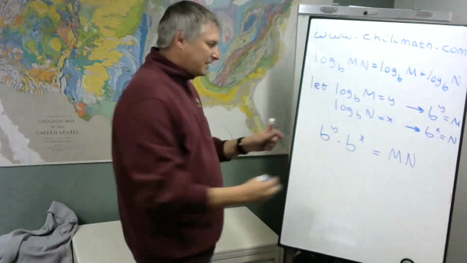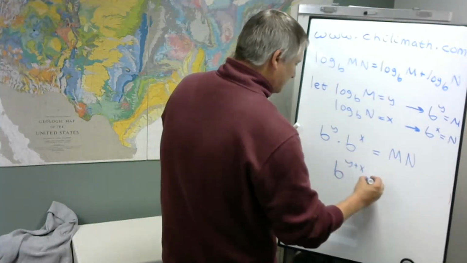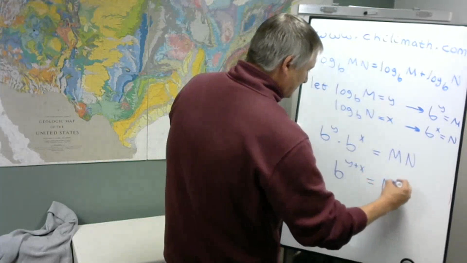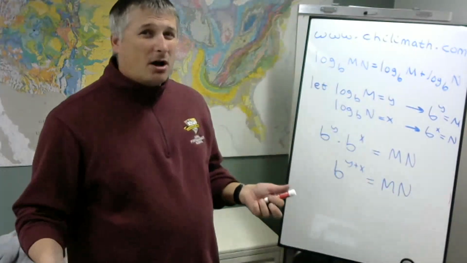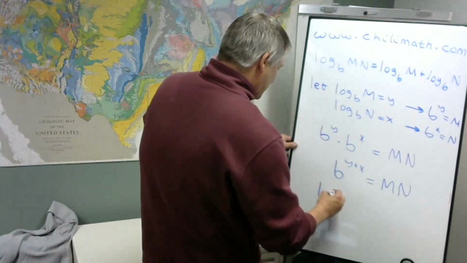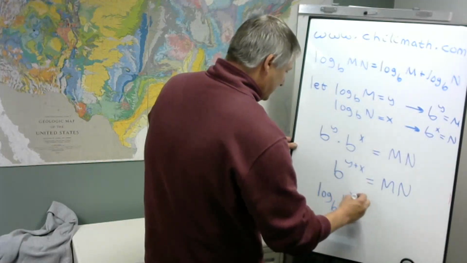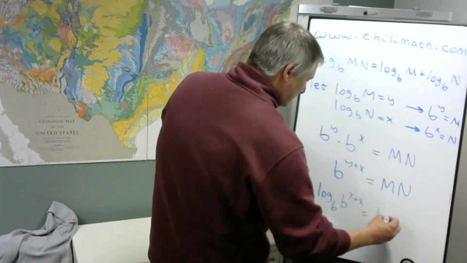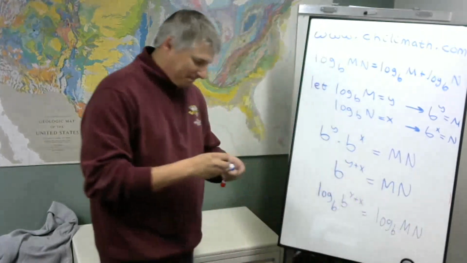Now, if we multiply these together, we'll get b to the y plus x. This is just simplifying. Now take log base b of both sides. So log base b of b to the y plus x is log base b of m times n.